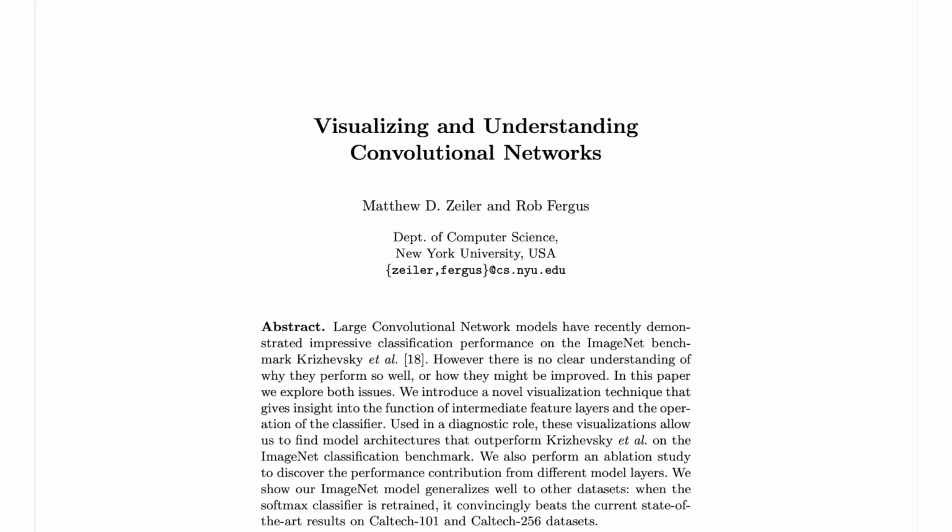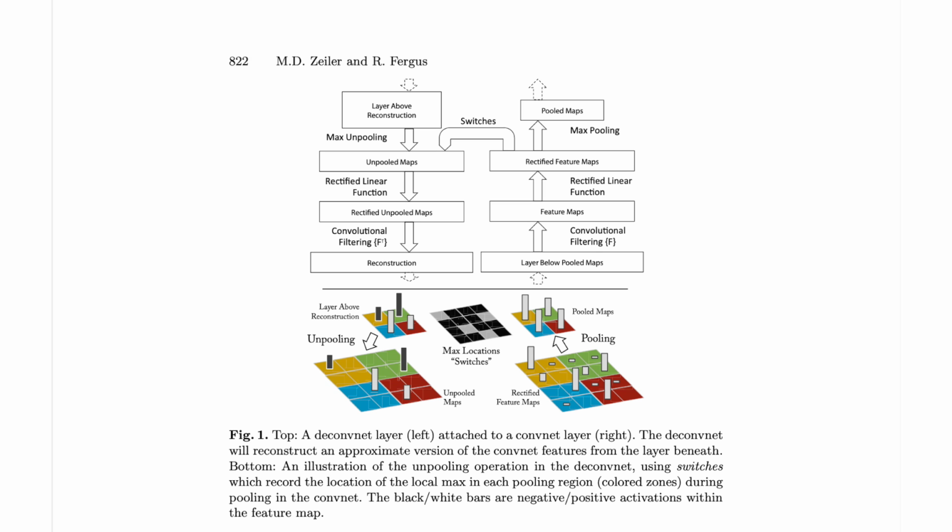They can also be used to improve the performance or efficiency of networks. For example, this paper introduced a method called deconvolution, which is the precursor to guided backpropagation. They use the approach to visualize the first and second layer of the network, identify problems, and adjust the convolutional layer's filter size and stride to correct them.